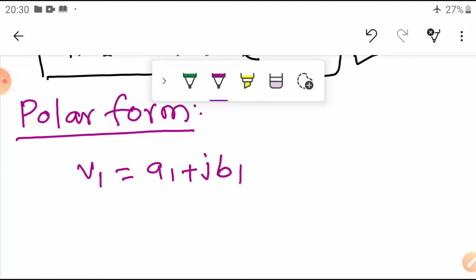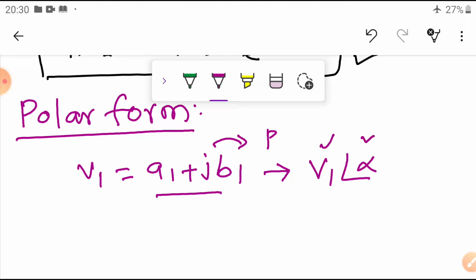Then whatever this value is, convert it into polar form. So, this is rectangular form to polar form conversion. After conversion to polar form, I get V1 at an angle of alpha. So, from the vector you convert to polar form, magnitude and some angle, that is V1 is equal to V1 at an angle of alpha.